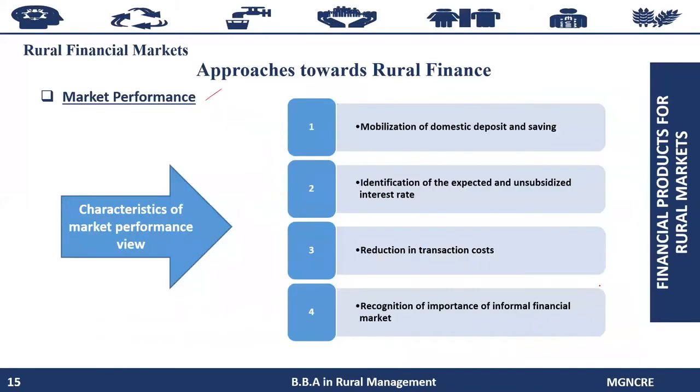Next, let's talk about market performance. It means that as compared to a traditional credit view, the market performance view regards a good recovery of loans, and lower transaction cost in deposit mobilization and lending.